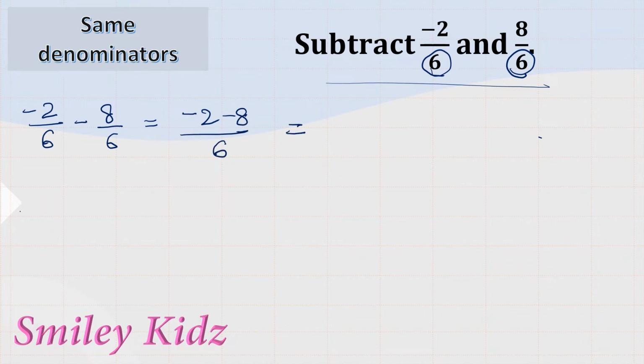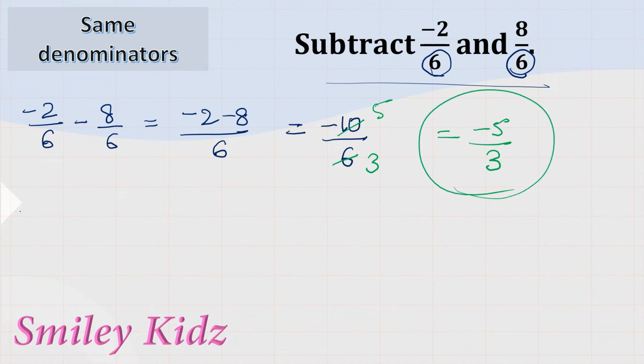Minus 2 minus 8 will be equal to minus 10 by 6. We can simplify this rational number. So, 2 times 5, 2 times 3, which is equal to minus 5 by 3. Therefore, when we subtract minus 2 by 6 and 8 by 6, we get the solution as minus 5 by 3.